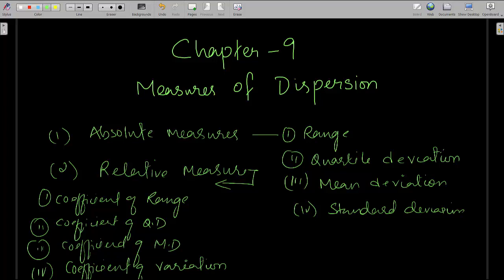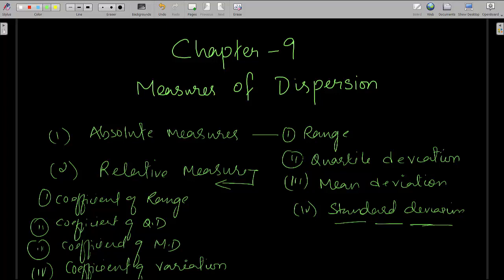So we'll be using those formulas as well. This chapter is quite easy, except for standard deviation. It's not that difficult, but a little more complicated than what we learned in the previous two chapters. So in this video, I will be discussing range and quartile deviation.